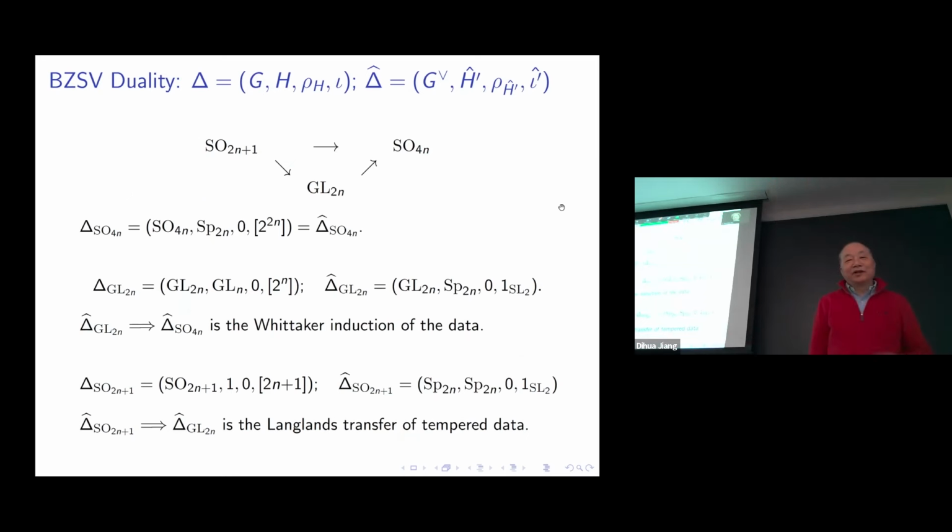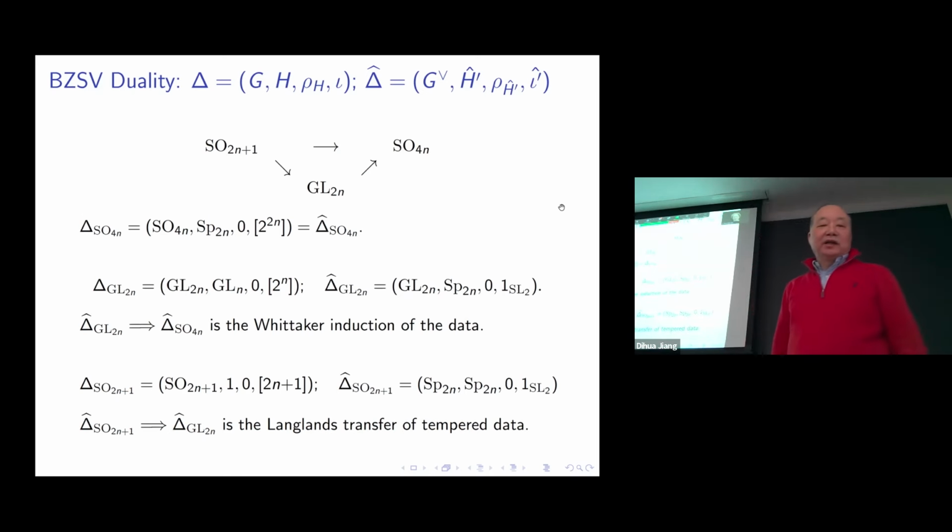Okay. So now we try to write this in terms of these quadruples. Yeah. So for the SO4n, you have the data like this, right? Because this is Shalika period, generalized Shalika period, and then this period is self-dual, and then the GLN part is Shalika period, is this data, and the dual data is like a functoriality from this.